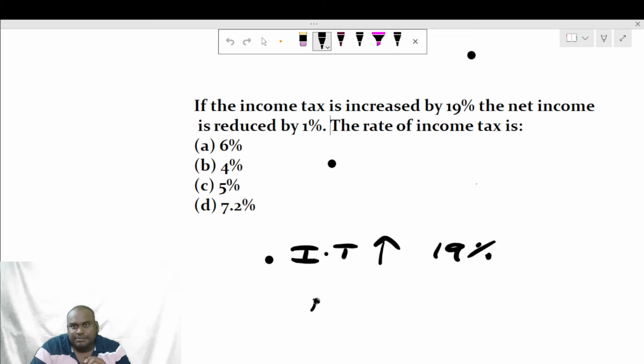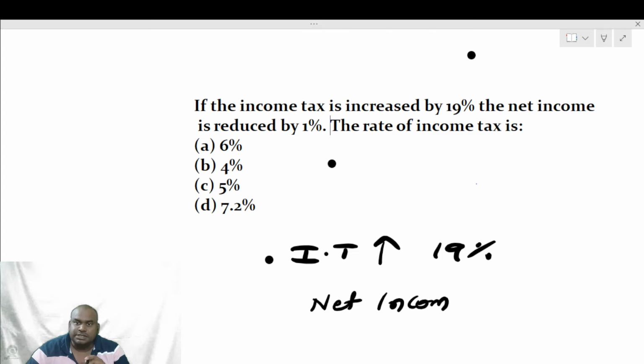Net income is reduced by 1%. Income tax is increased by 19%, net income is reduced by 1%.